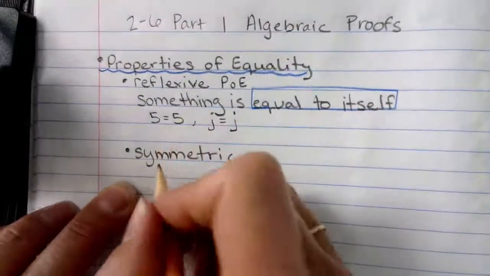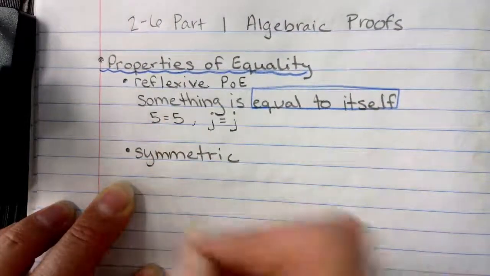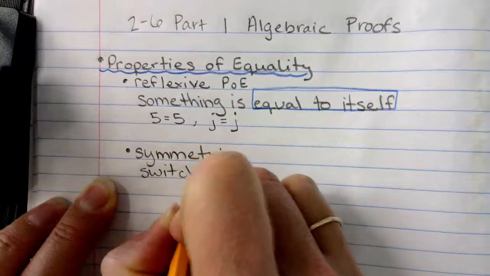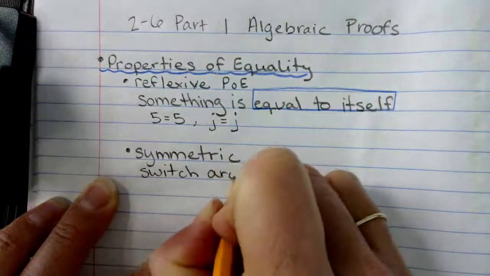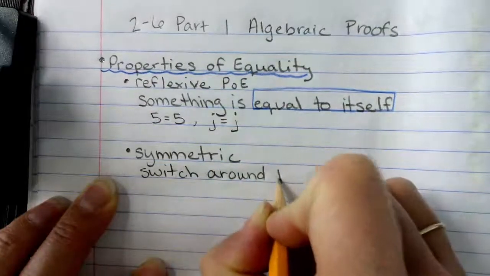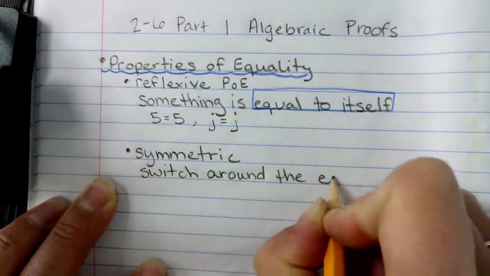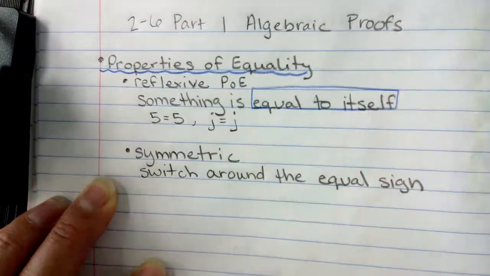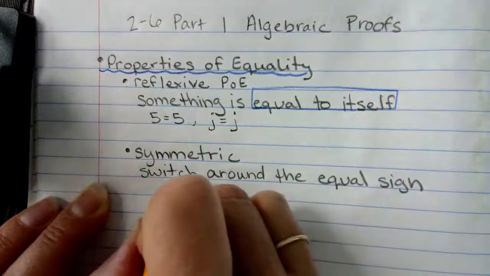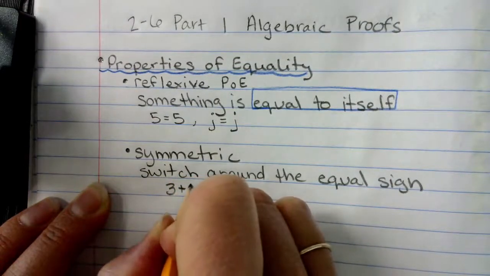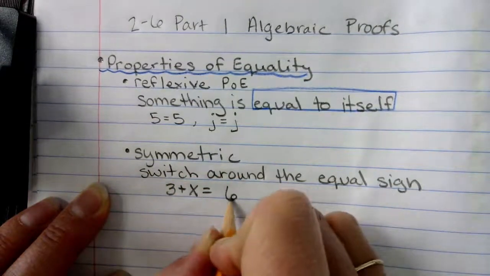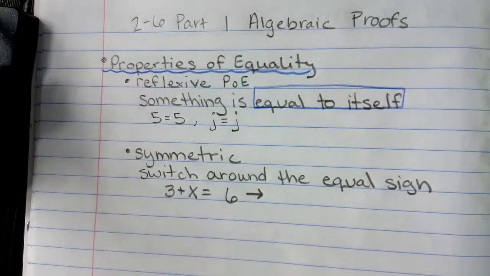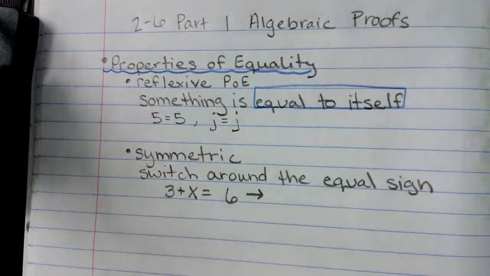When we're talking about something as a symmetric property of equality, that means we can switch around that equal sign. For example, if I say 3 plus x equals 6, how could I rewrite that using the symmetric property of equality?